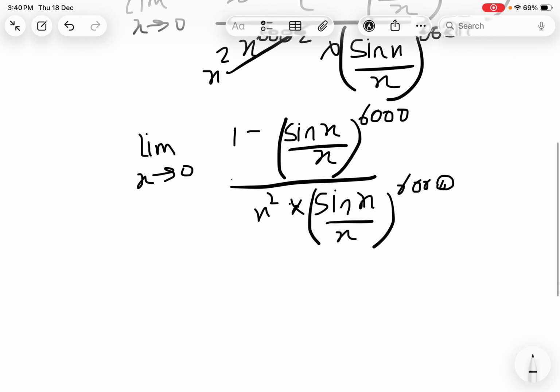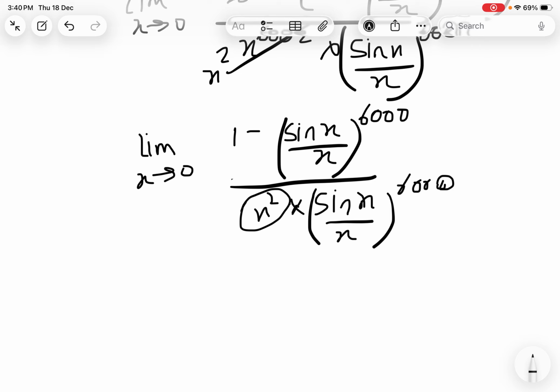So this is what our limit becomes. Now we can see this x squared term is troubling us. Why? Because even if this is tending to 0, this will give 1, this will give 1, but with x square in the denominator we still have 0, right? And we do not want that. So how are we going to get rid of it?